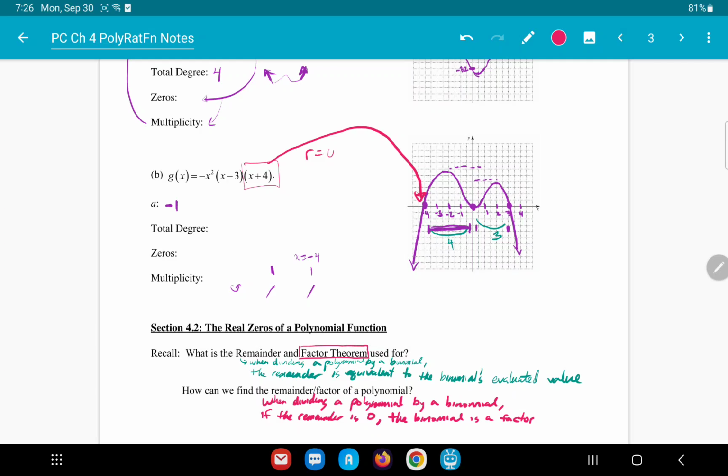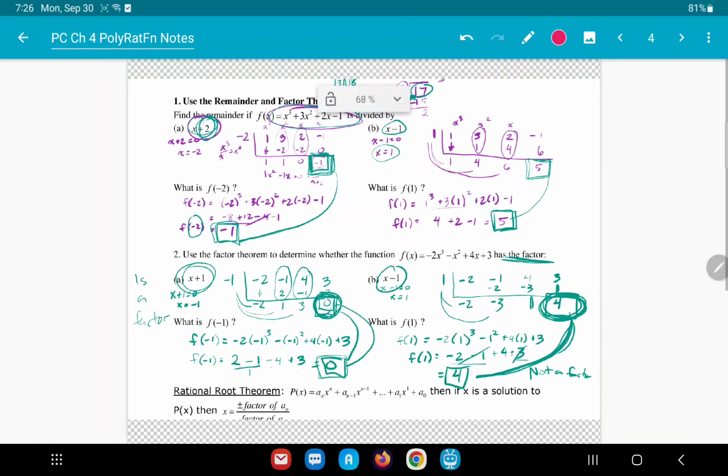Because if the remainder is 0, that's telling you the evaluated value is 0, and that means it is on the x-axis of the graph. So that's the connection between the remainder and factor theorem. I think I'll conclude this video here because this is just a video on the remainder and factor theorem.